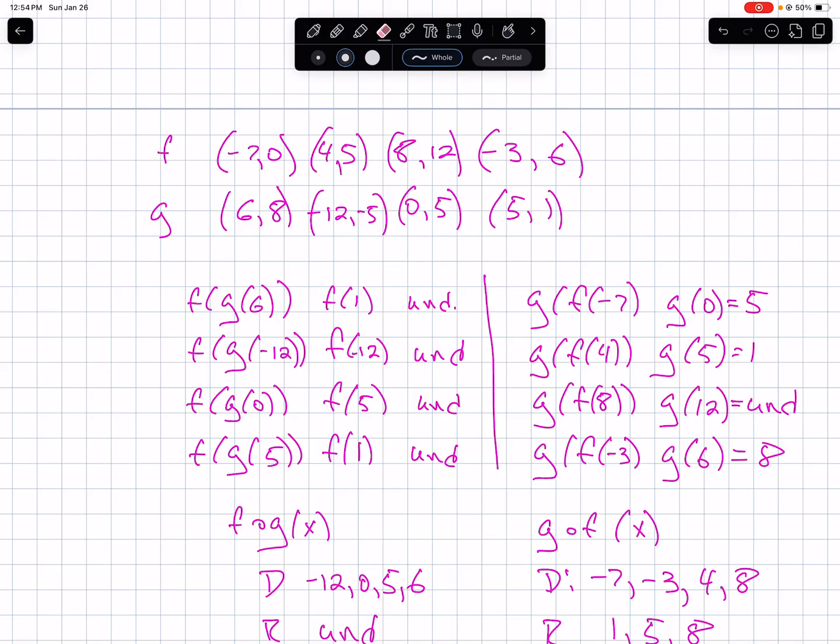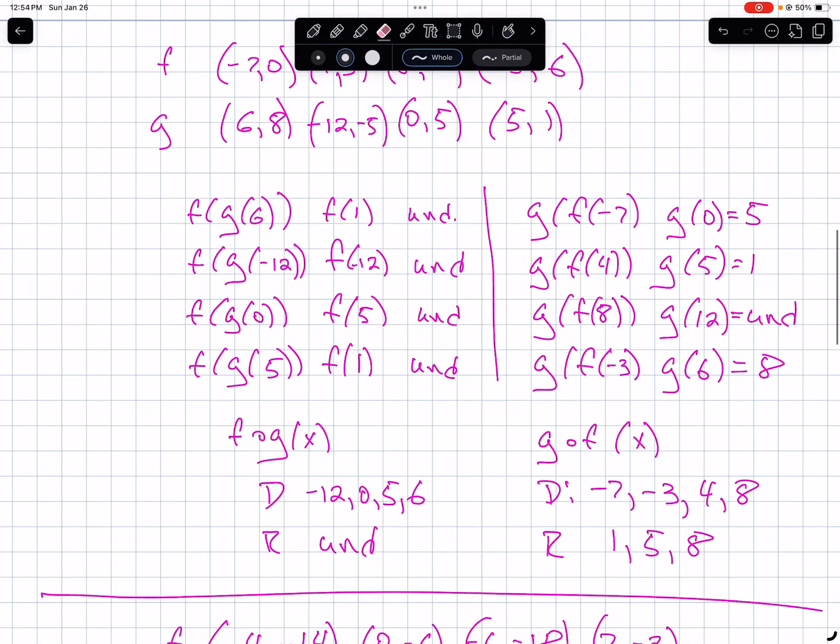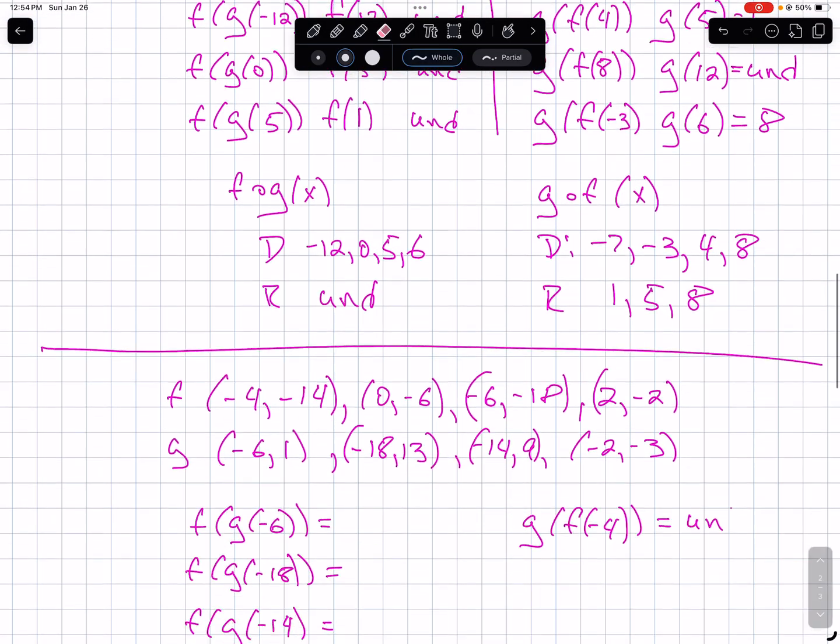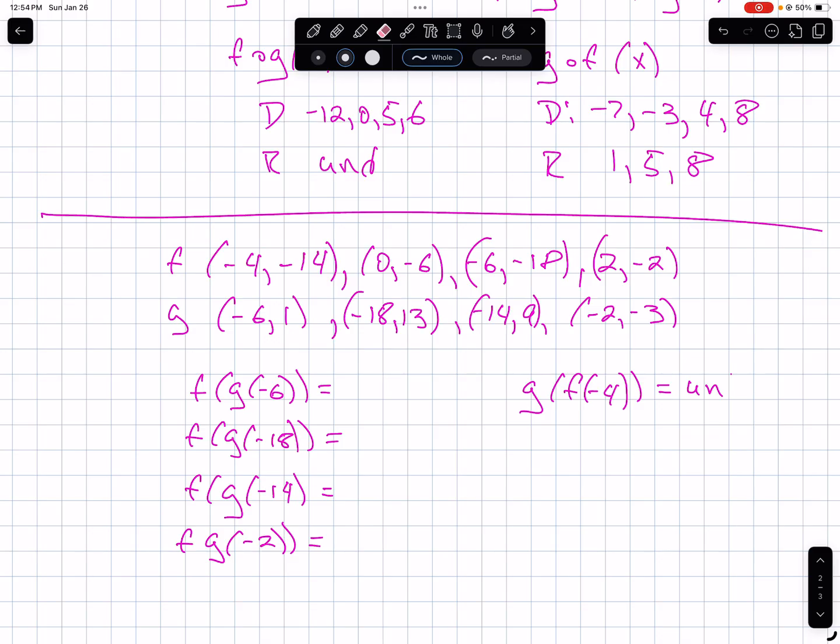So F is 1. That's why it's 12. So G of 5 is 0. So F of 0 is 13. I'm confusing myself. So G of 4 is 1.